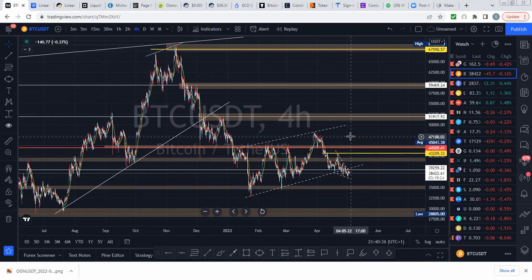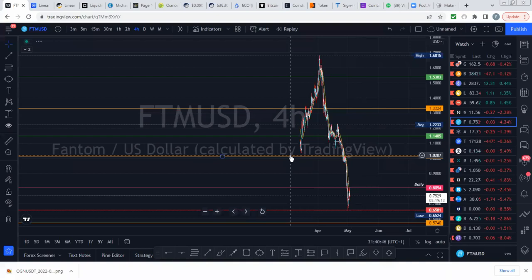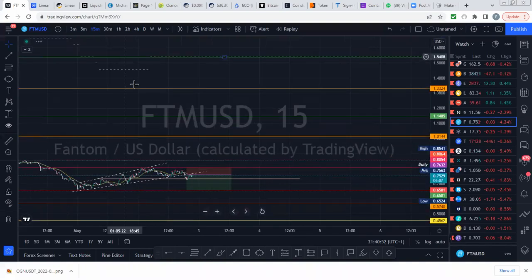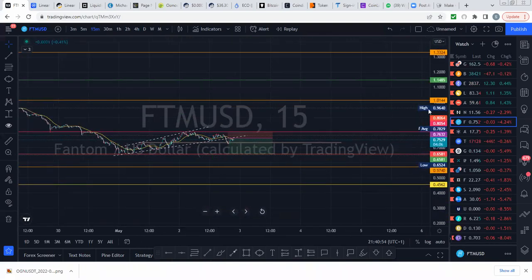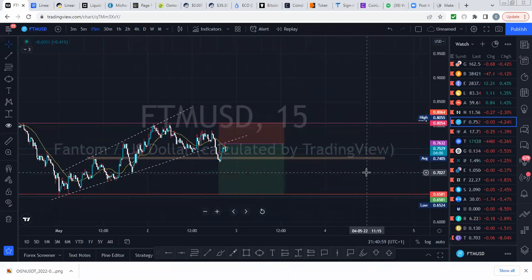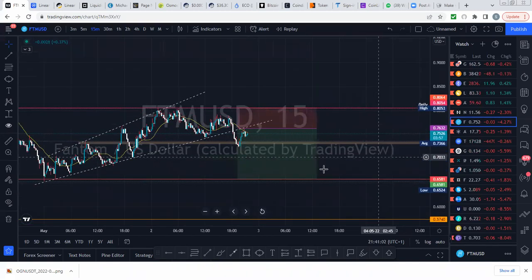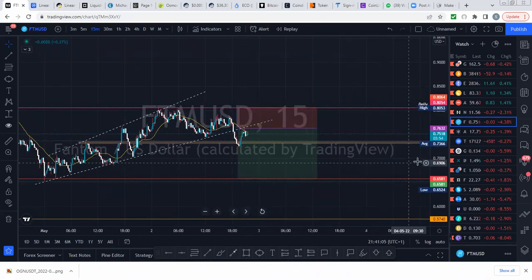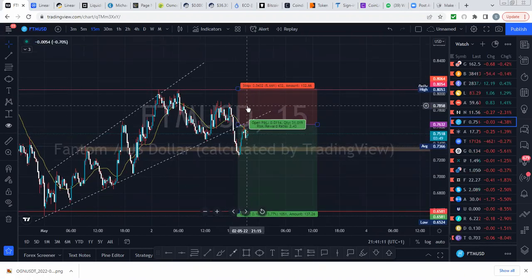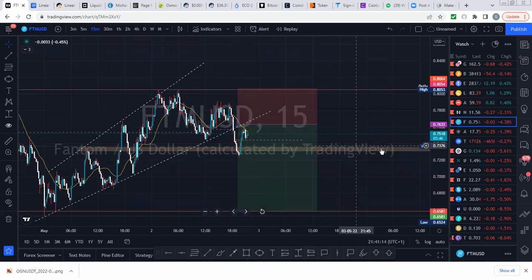So please go to the chart of FTM. Why is FTM pulling back? Anyway, it will still say. So long as price didn't break above, remember I told us that when price breaks above, that means this setup is invalidated.